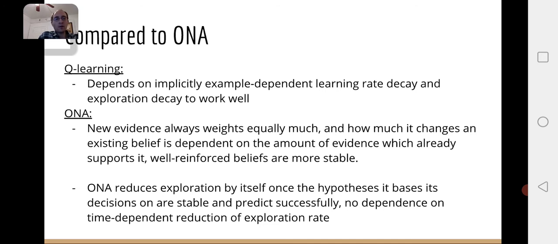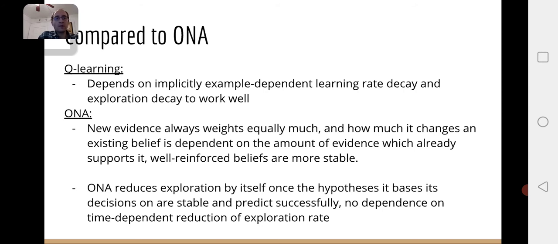So if a hypothesis is already quite stable and predicts quite successfully, then it does not need to explore that much in this case, and it does not need to have a time-dependent reduction of the exploration rate, because if the hypothesis is more stable, it can use it without having to explore.